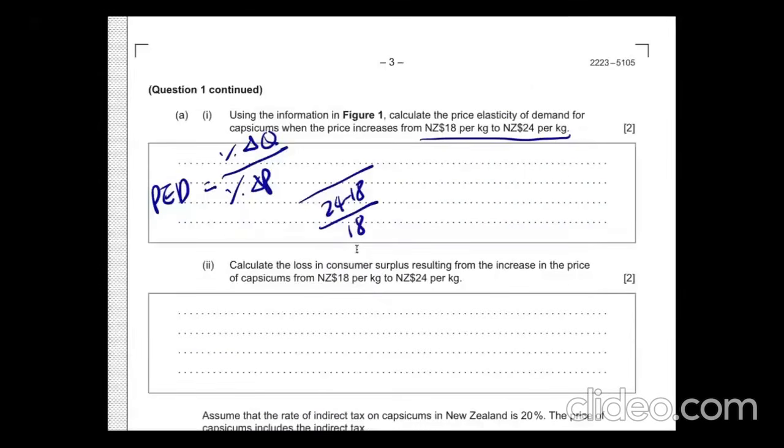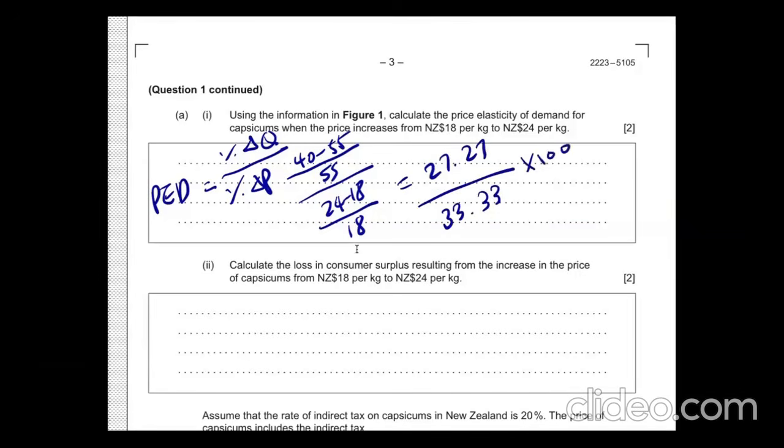Then 40 minus 55, the difference between the 2 quantities, over the previous quantity, 55. I can get 27.27 and 33.33, which must be multiplied by 100. So my answer is minus 0.82.